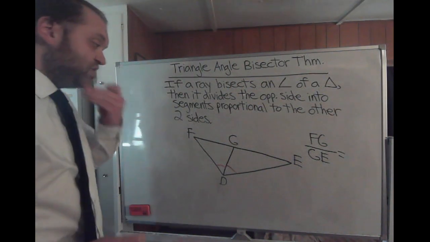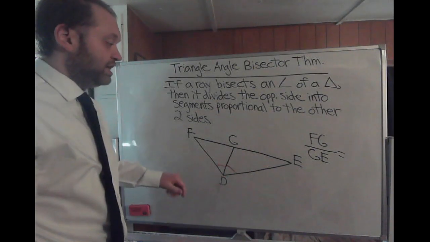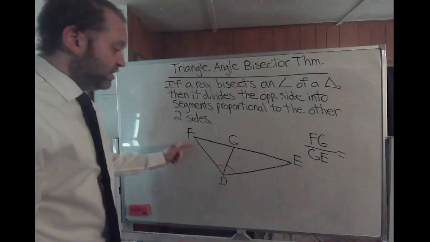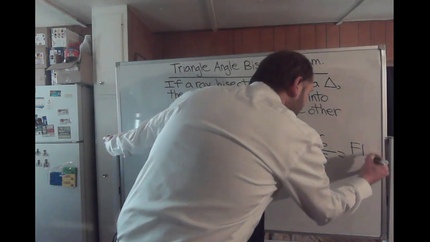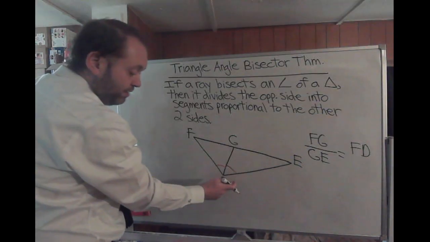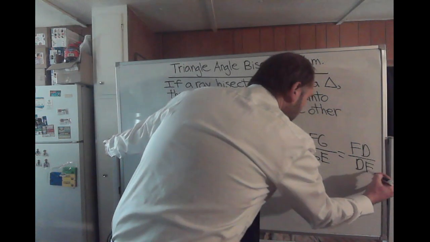Now, with the ratio of the other two sides, it's going to go in the order you started in. If you started at the left, you would put FD as the numerator of your second ratio, and then the right one, the DE, as the denominator of your second ratio.